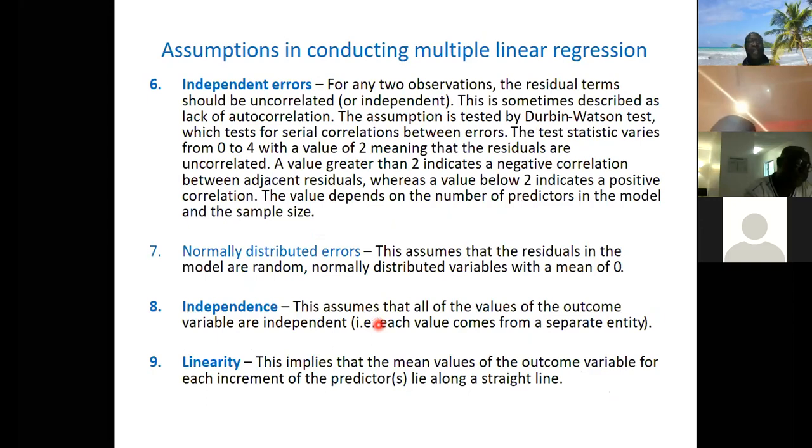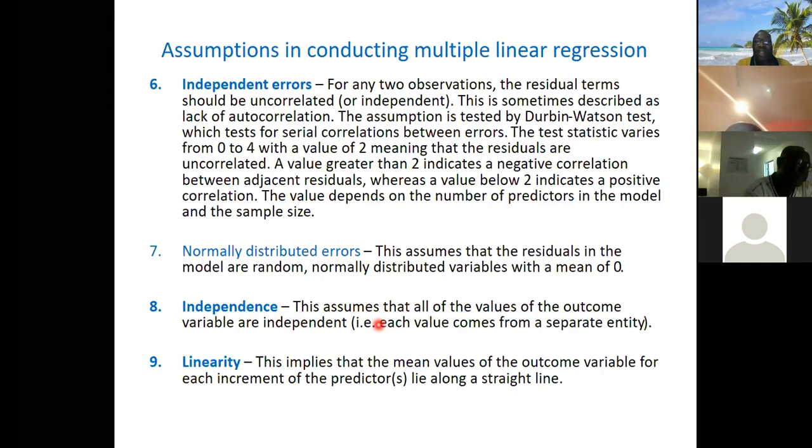Then the independent errors: for any two observations, the residual terms should be uncorrelated. What this is saying is that for different people, the error should not correlate. There are different ways to say that.